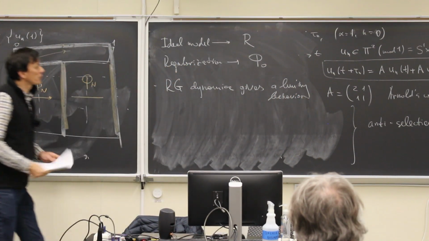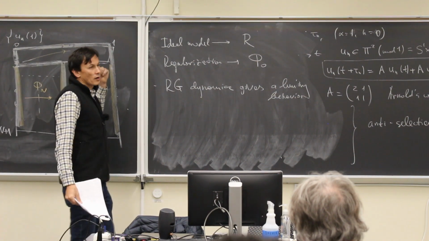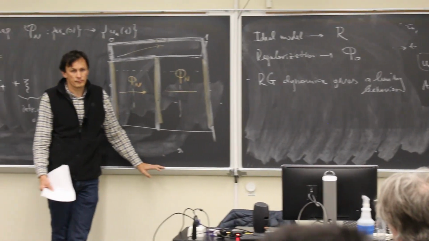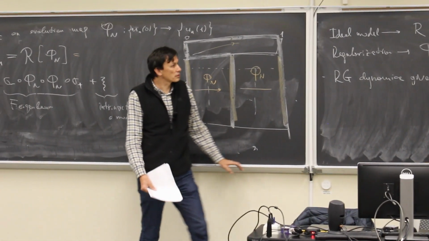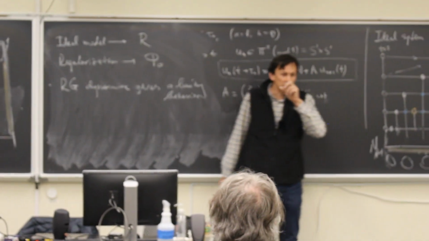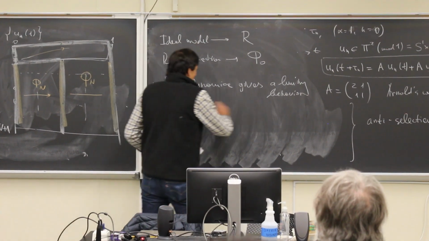So apparently what we have here is that the RG dynamics for this operator R is chaotic, and the limit is this measure. And the limit is that measure, that kernel that I showed.